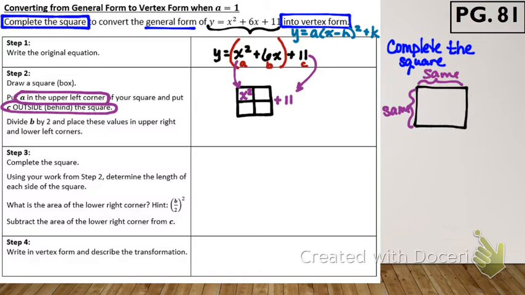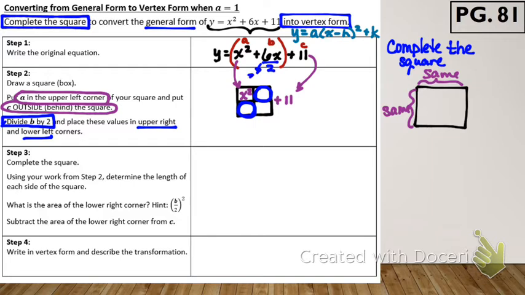So far, so good? In these two squares right here, we're going to take our B value and we're going to cut it in half. What's my B value here? My B value is 6. So I'm going to take the 6 and I'm going to cut it in half. What do you get when you take 6 and cut it in half?